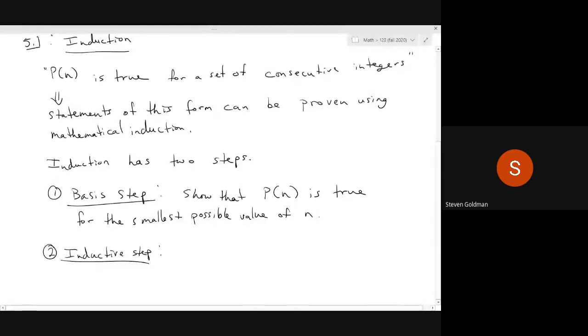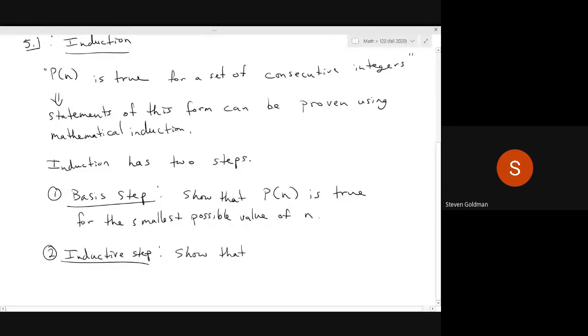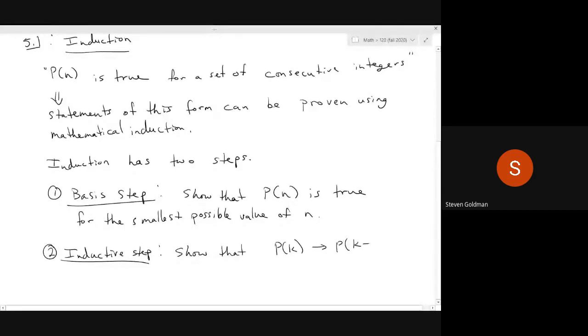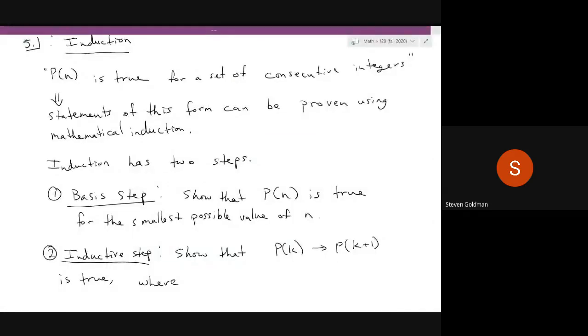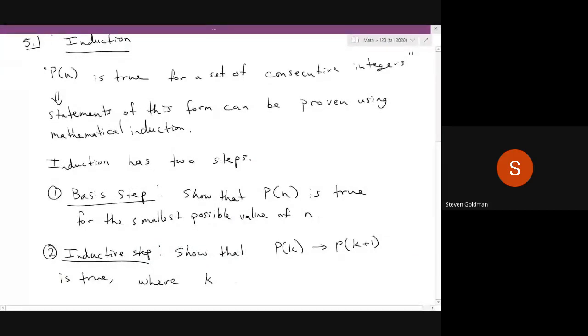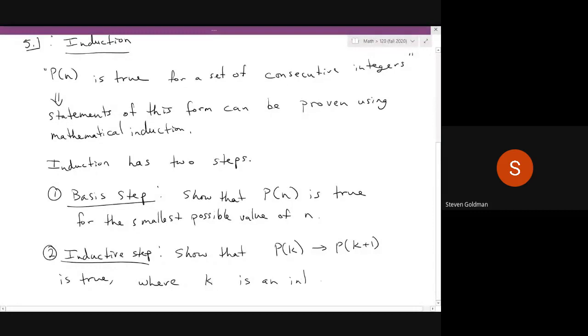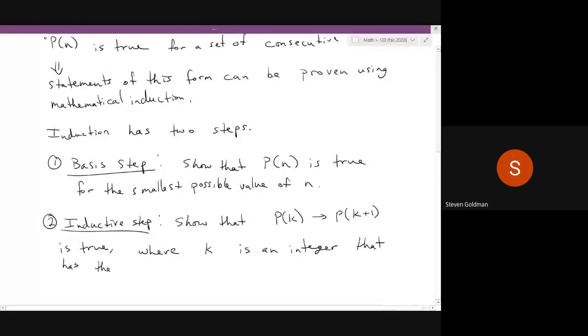You have to prove that the conditional statement, if P of k, then P of k plus 1, is true, where k is an arbitrary integer that has the same domain as n.